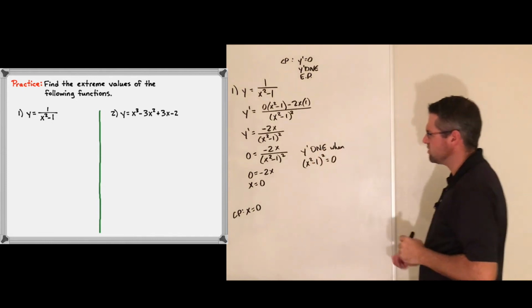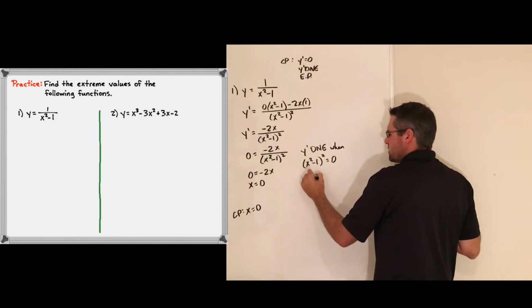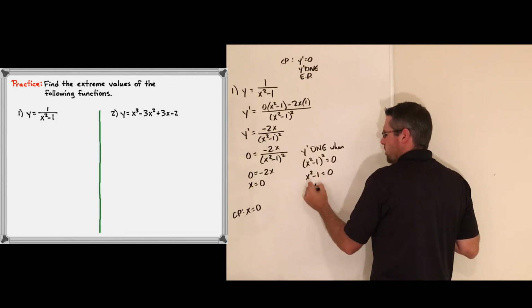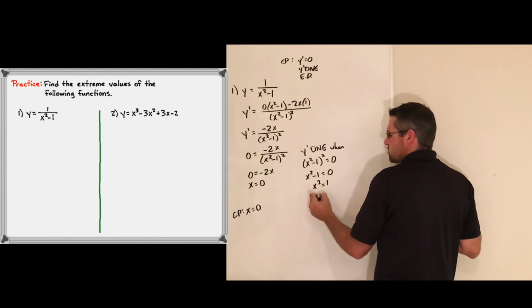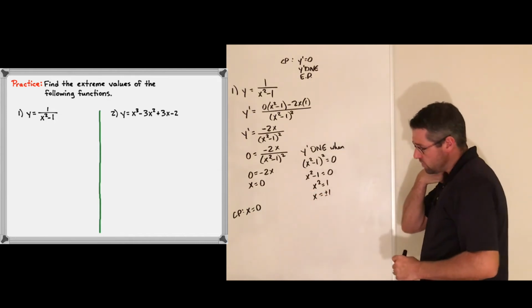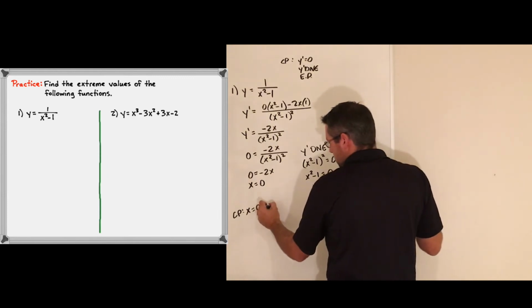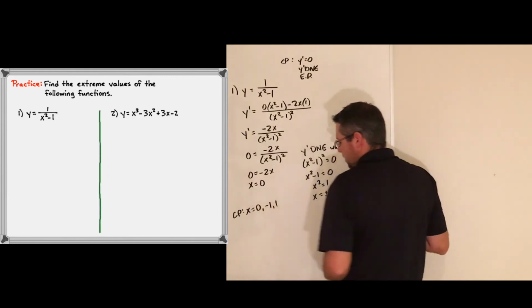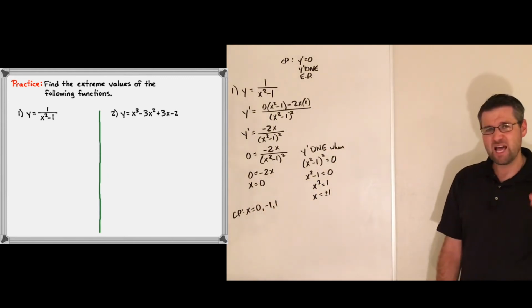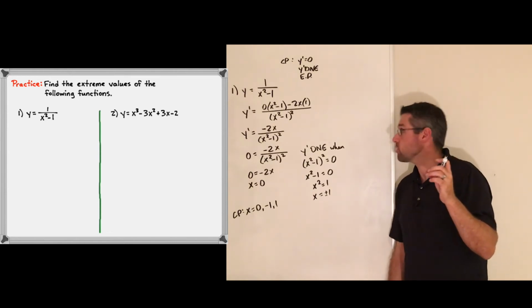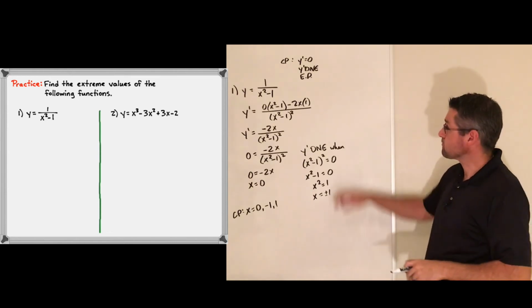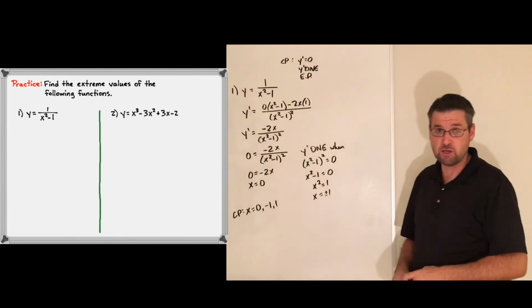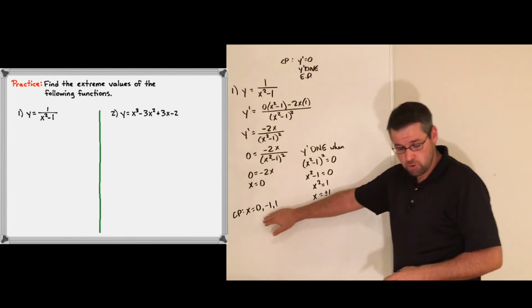To solve this, we can square root both sides and get x squared minus 1 equals 0. Add 1, so x squared equals 1, and then square root that, so x equals plus or minus 1. That gives two more critical points, negative 1 and 1. The last set of critical points are endpoints. There were no endpoints for this function, so these are all our critical points.